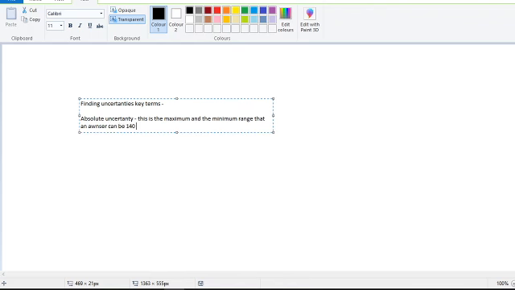So say you have a table that's 140 centimeters, and then it's plus or minus 5. So the uncertainty is 5, and the absolute range would be 135 to 145.